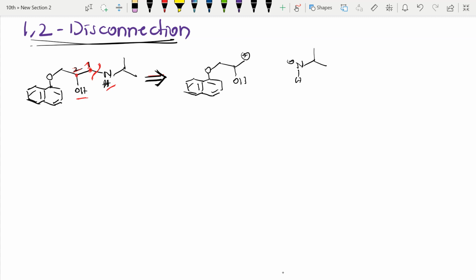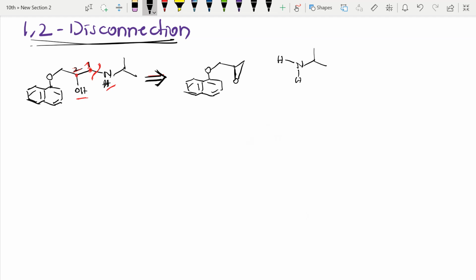So this positive charge I will remove, and instead I can directly write an epoxide. So I can make this epoxide. I hope you understood. And instead of writing the negative charge here, I can write one more hydrogen here, right? So this is the reagent, right?